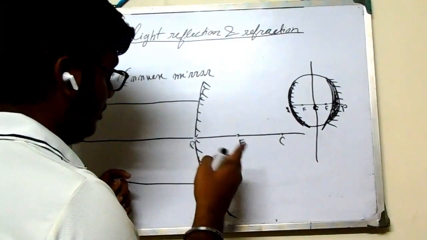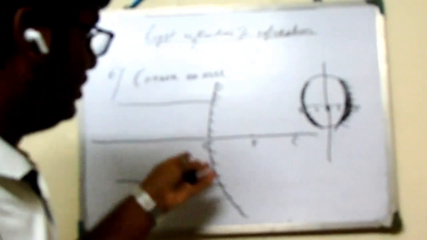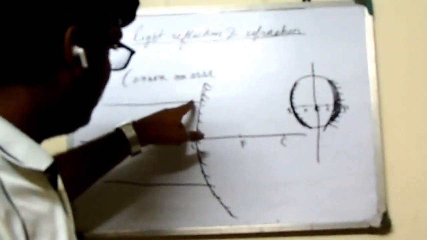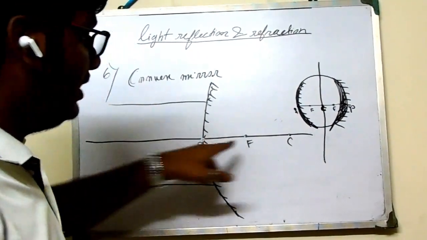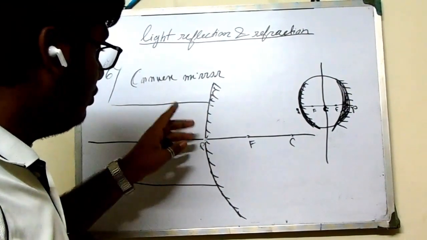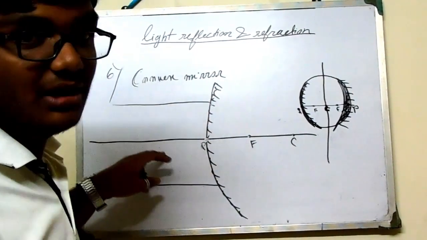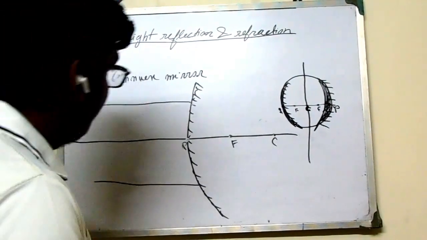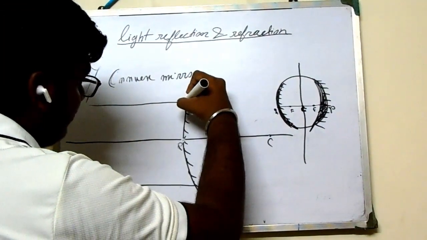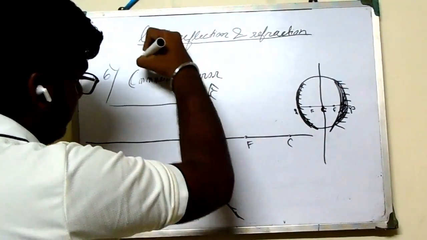As we have seen in the concave mirror, the reflected ray passes through F. In this case, the continuation of the ray will pass through it.